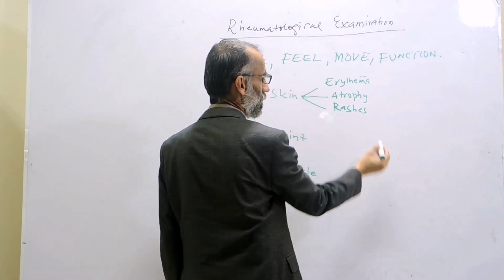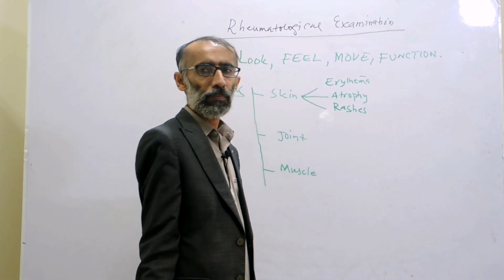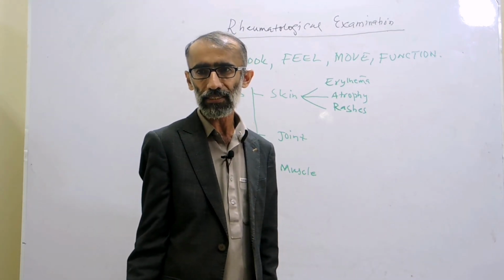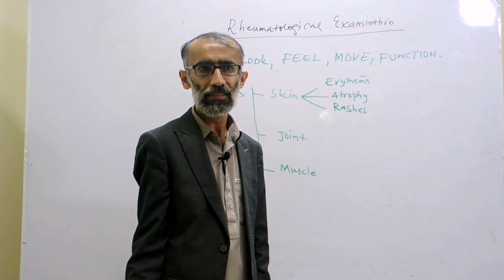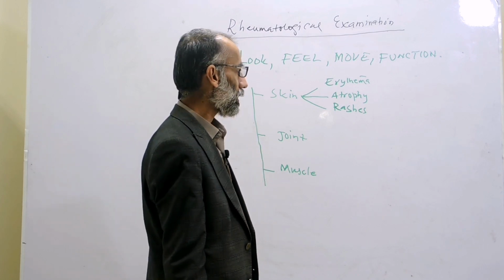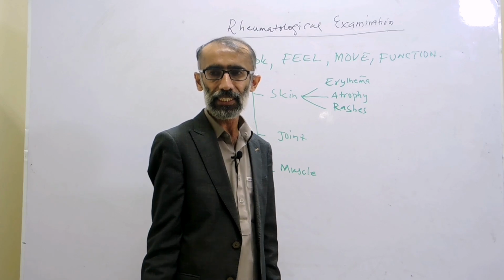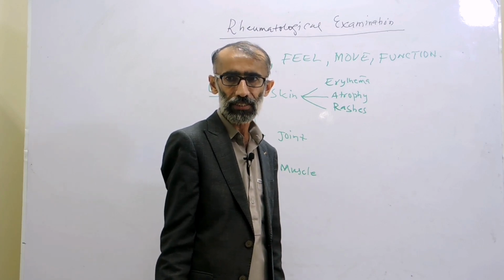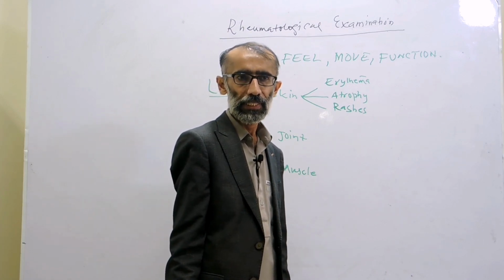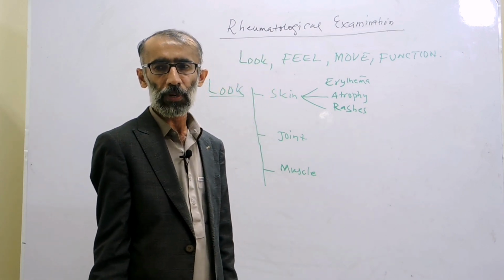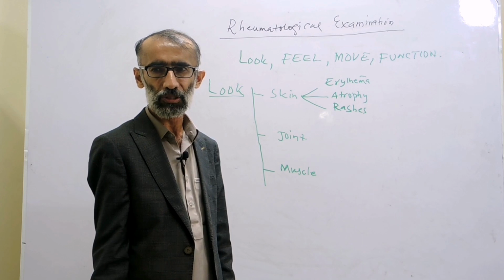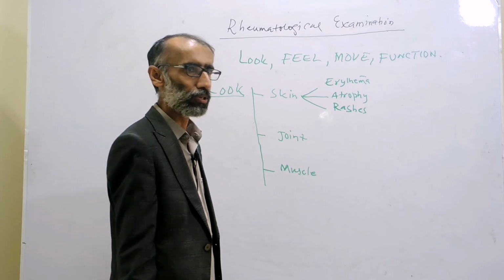Look for rashes. For example, rashes and polyarthritis may indicate psoriatic arthropathy, and there may be vasculitic skin rashes. They range from palpable purpura, livedo reticularis to skin necrosis.